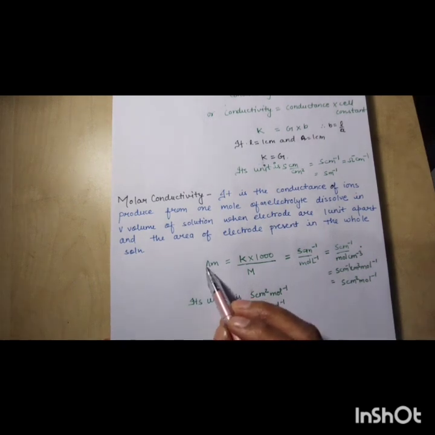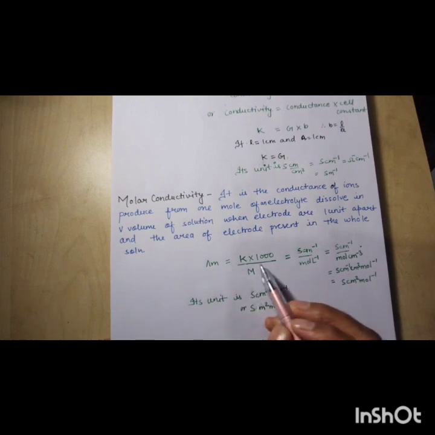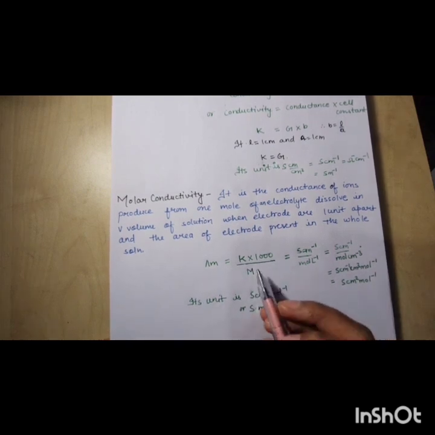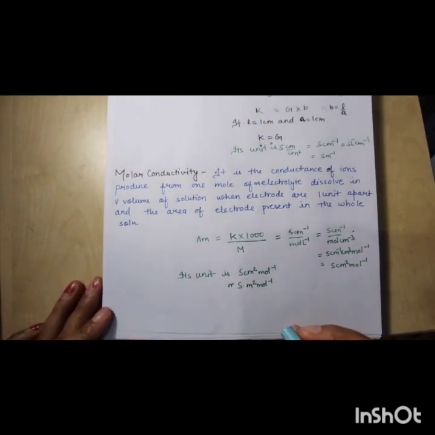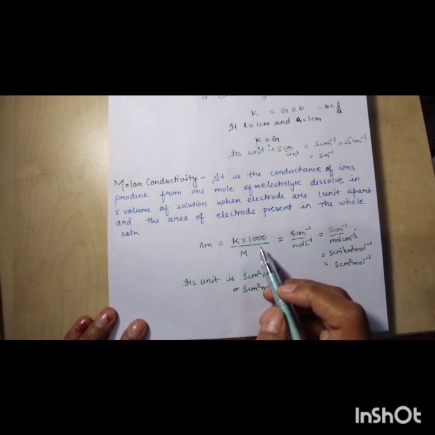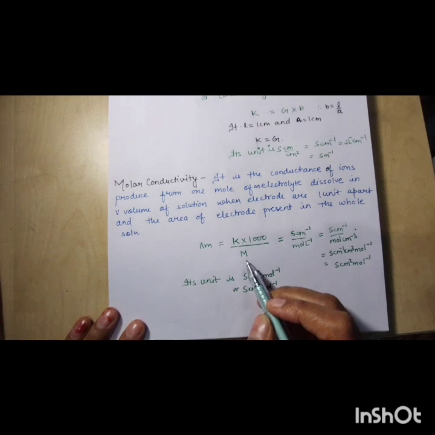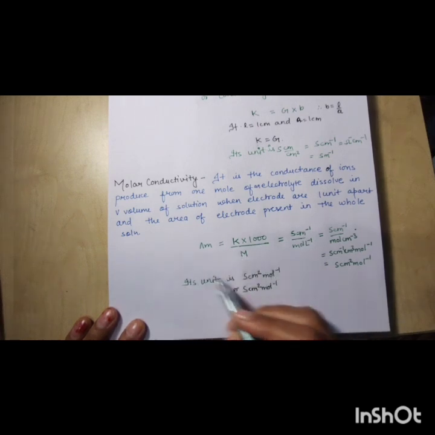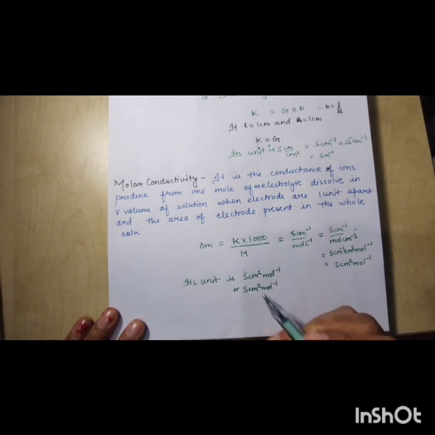So the formula of molar conductivity is K into 1000 by M. Here K is conductivity multiplied by 1000 ml of solution upon molarity. So this is the molar conductivity formula.